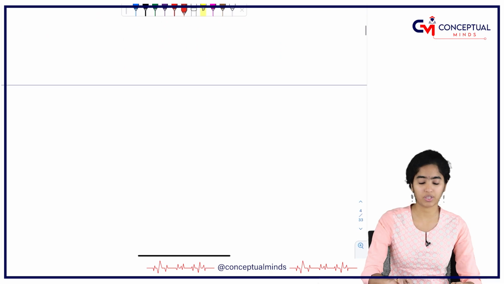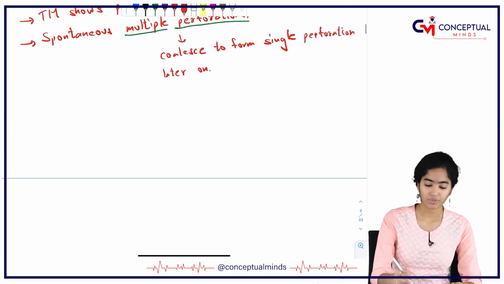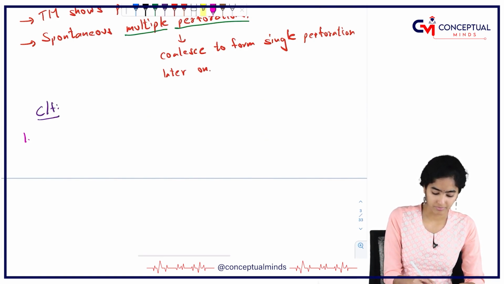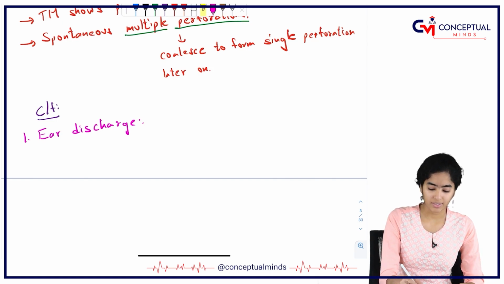Now let us look into the clinical features of tubercular otitis media. First is ear discharge. The ear discharge is thin, scanty and odorless.